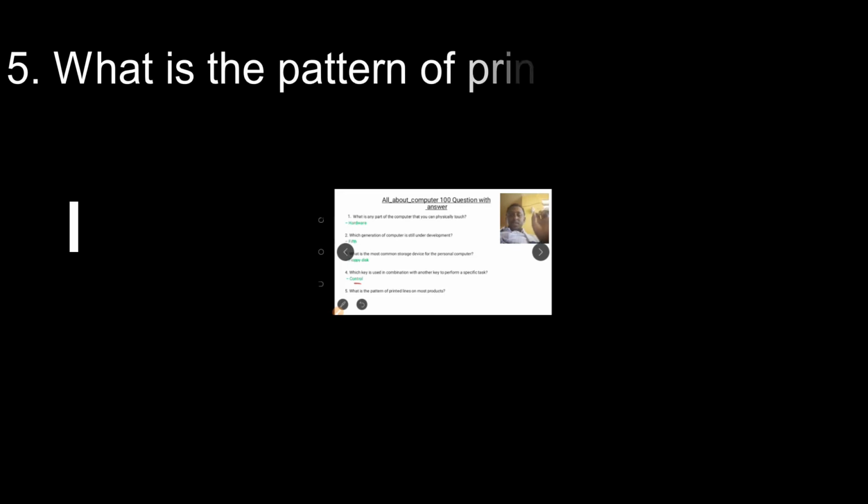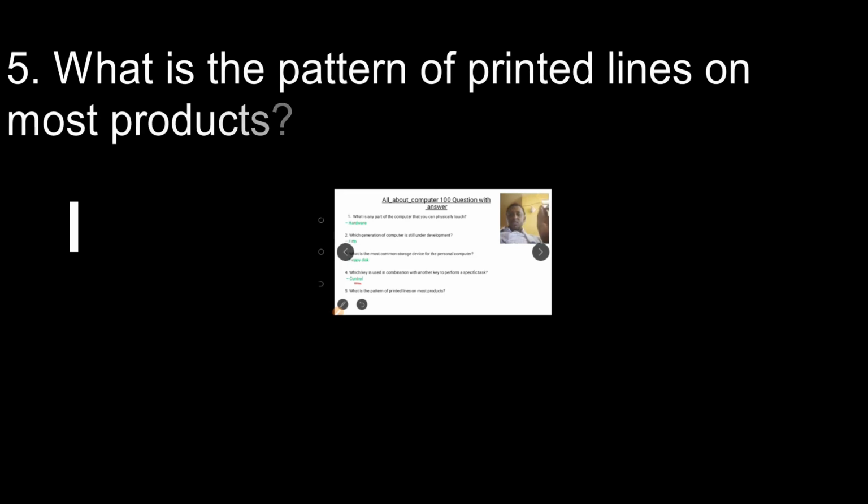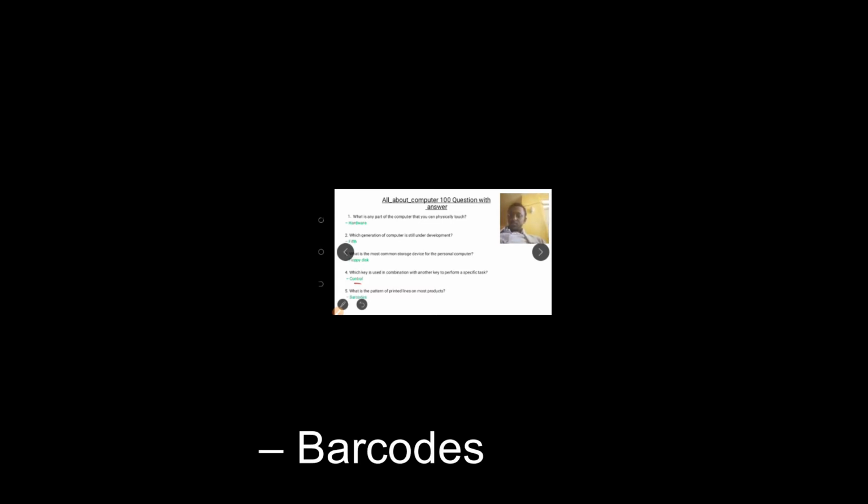What is the pattern of the printed line on most products? Most factories or companies put printed lines of some signature like notes or lines, that is called barcode. And what does it mean?